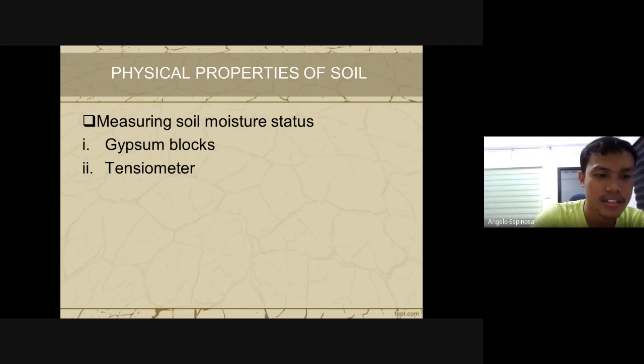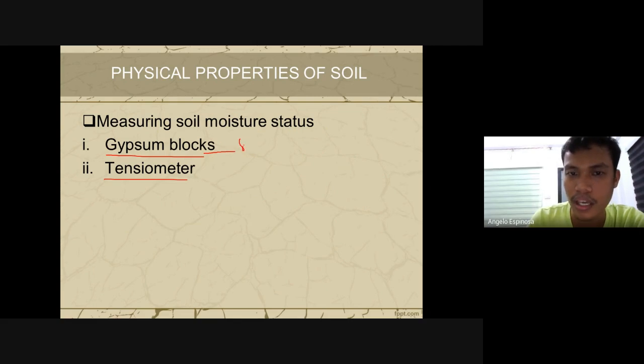Okay. Next, when it comes to the measuring of soil moisture status, we have also gypsum blocks and then tensiometer. Si gypsum blocks po, ito yung mga small cubes of gypsum. Maliliit.